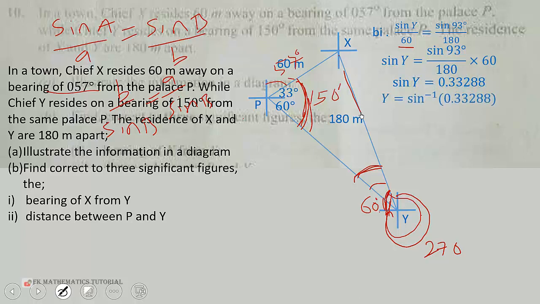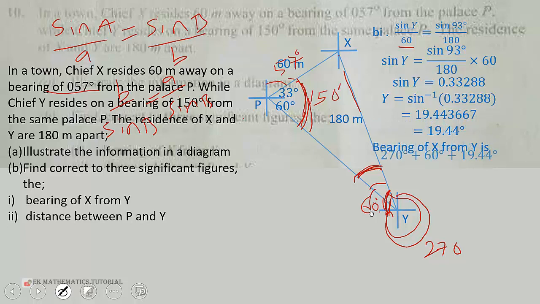Take sine inverse to get Y to be 19.43667, or 19.44 degrees.